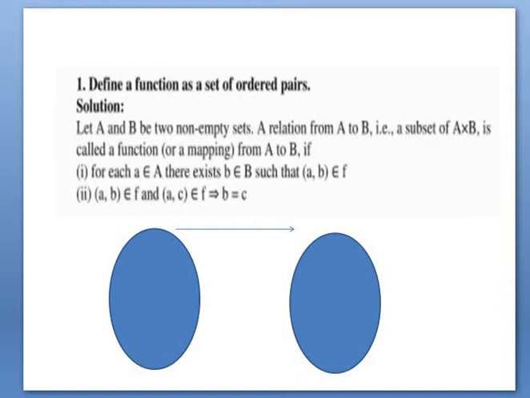In the previous example, read the first line: for each small a belongs to capital A, there exists small b belongs to capital B, such that the ordered pair (a, b) belongs to capital F.